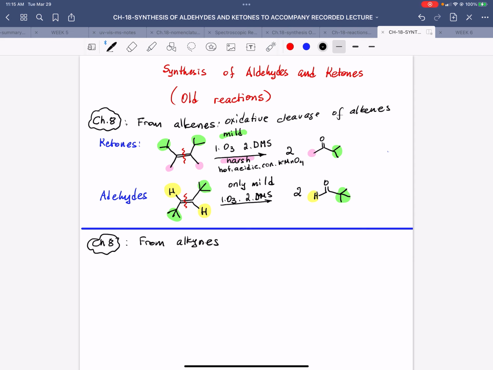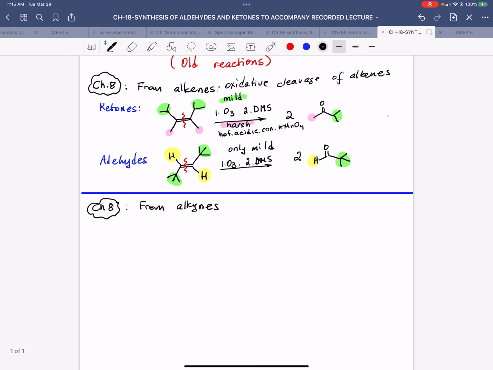So let's take a look at that. If you remember from the reactions of alkynes, the reactions were very clean with the terminal alkynes. That would give you a clean major product, in which case you can ignore the formation of minor product.